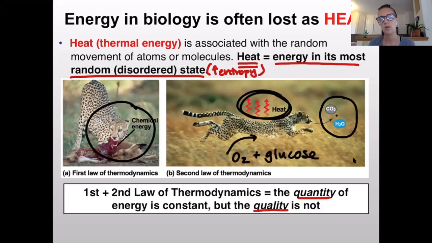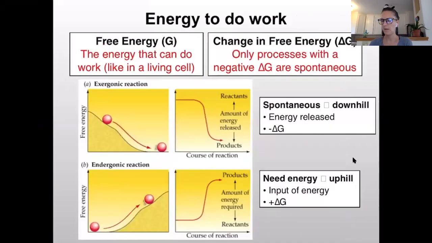So in the next section, we're going to talk a lot about that process called cellular respiration, where organisms take in oxygen and glucose to give off carbon dioxide and water. But again, for thermodynamics, the quantity of energy is constant in any reaction, but the quality is not. And very often, we, as organisms, lose our energy in the form of heat, the most disordered state of energy.